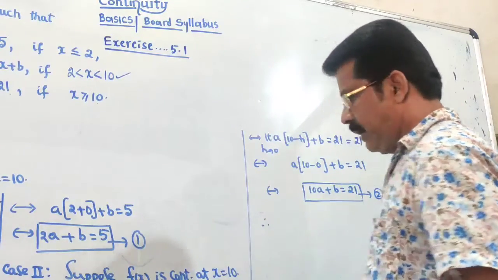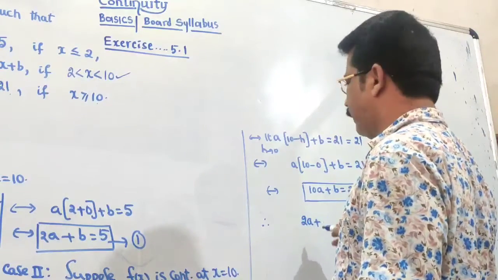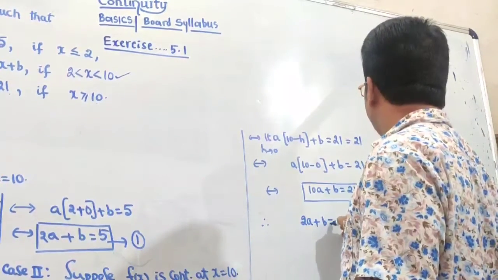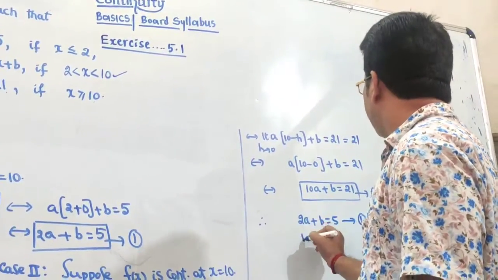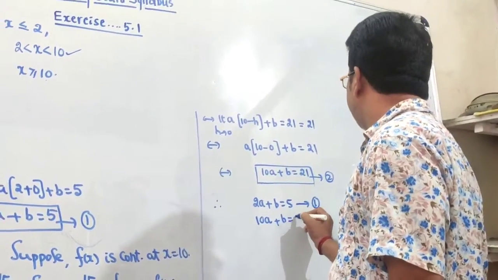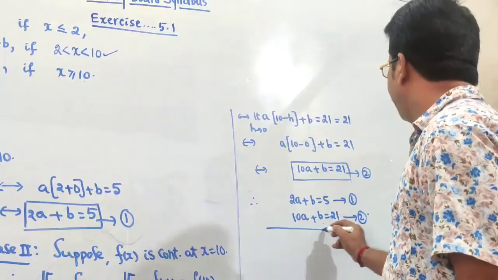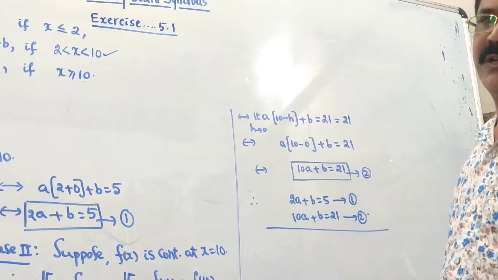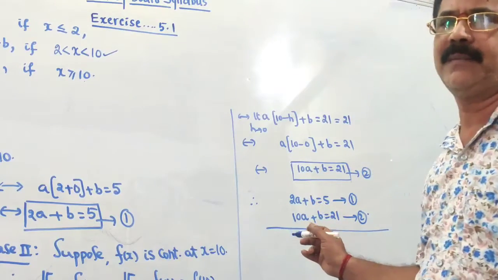So therefore the first equation is 2a plus b equal to 5. The second equation is 10a plus b equal to 21. You can solve by any way equations number 1 and 2 for the values of a, b.